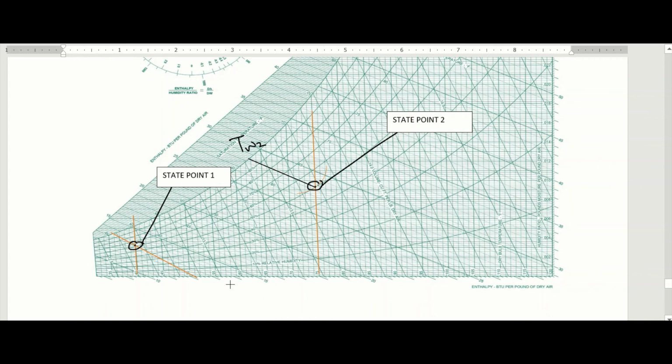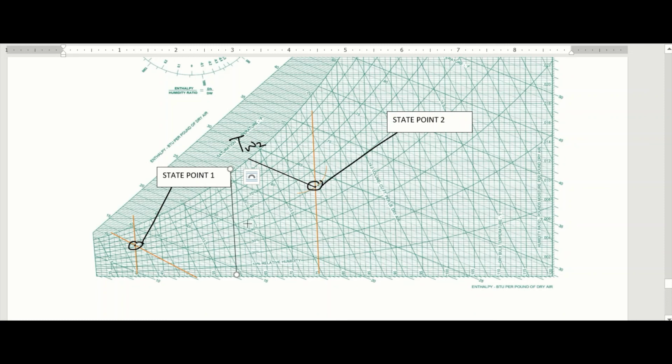So here is 55, here is 59 right here. Draw my line up, and use a black line. Then my wet bulb is 50. This is my 50 line right here.